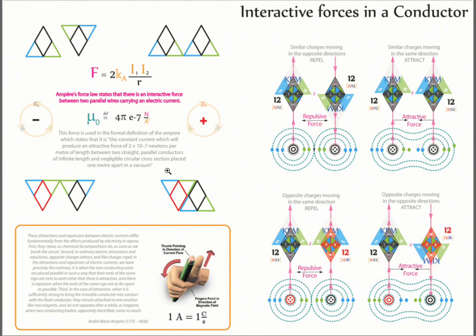Of course, we can apply these geometries again for the energy momenta to describe all the forces, and in this case we're describing Ampere's law, and we're showing the Lorentz force between charged particles moving in a conductor, and showing the change of either repulsive or attractive forces resulting from their direction of motion.